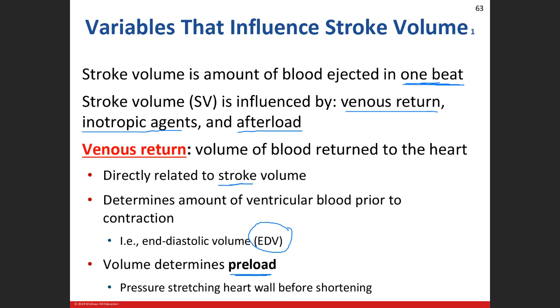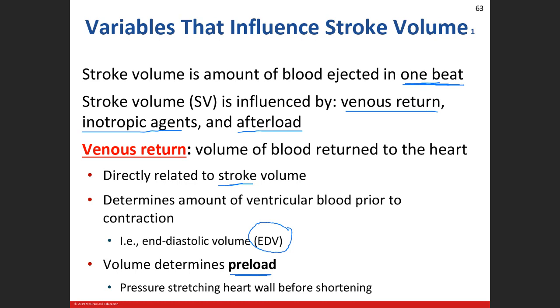Perfect example, going back to that Bainbridge reflex. If we're getting 50 milliliters of blood pouring into the atria, say it's normal, and we increase that to 60 milliliters of blood, when the atria contract, they're going to pump that 60 milliliters of blood into the ventricles.